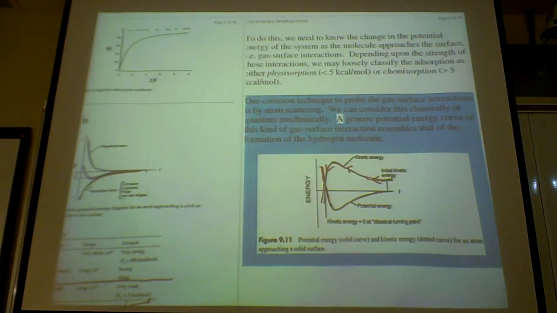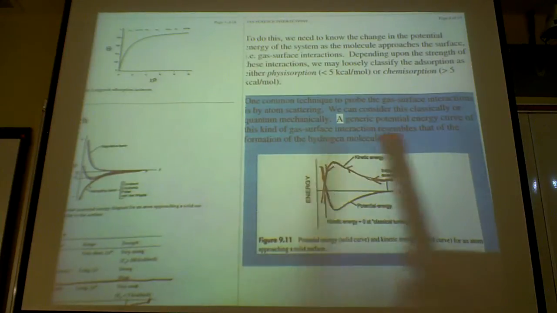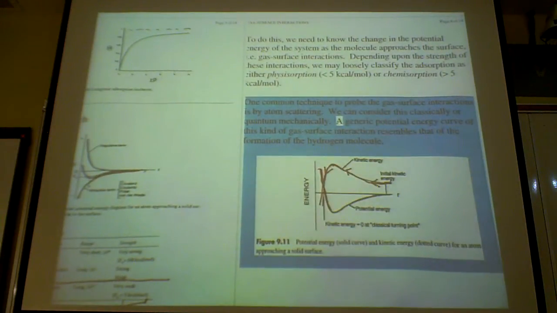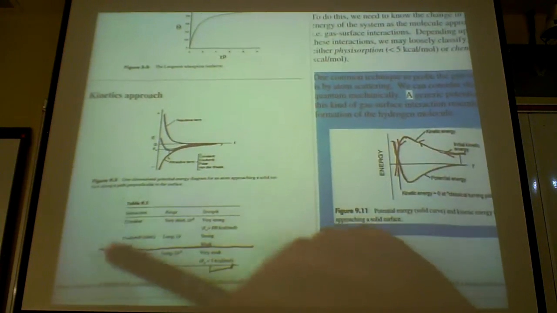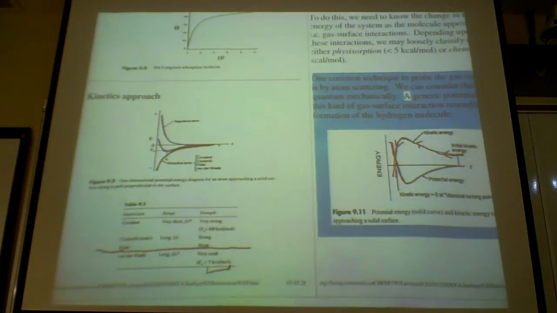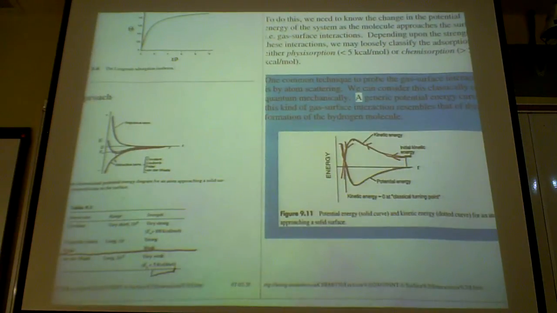Below 5 kcal per mole, you have van der Waals interaction, the physical absorption state, and above it, the shorter range forces come in, like Coulombic potential and covalent potential, and that gives rise to chemical absorption.